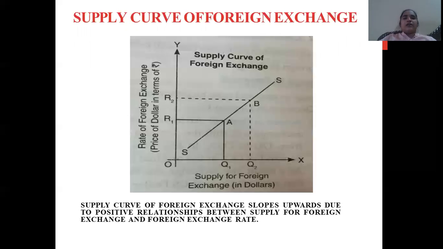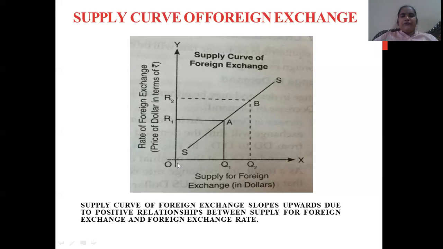Now we'll talk about the supply curve. As I've told you just now, the demand curve is a downward sloping curve from left to right. Supply is opposite to that. Why? The reason is, I told you, price and supply move in the same direction, meaning they are directly proportional. So you can see that as a seller, price is P1, the quantity is Q1.